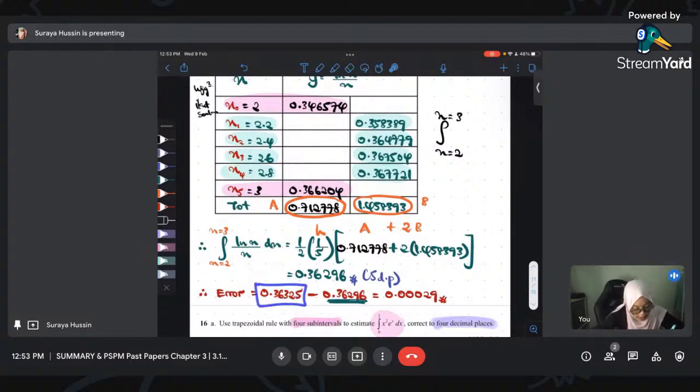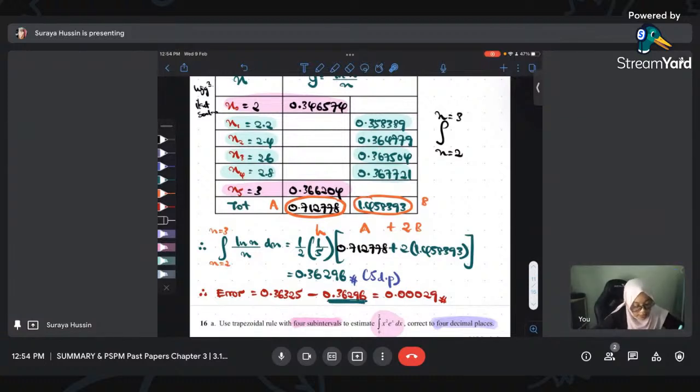Saya tolakkan dengan approximation kita, dengan trapezoidal method kita. And then we will see that this is a very small error. Small error is better than bigger error.